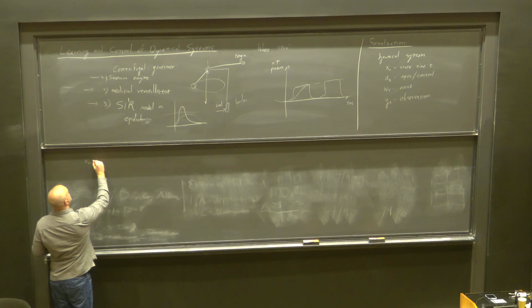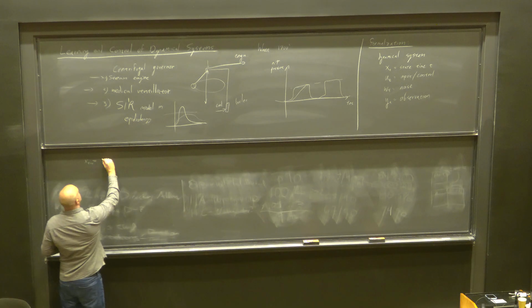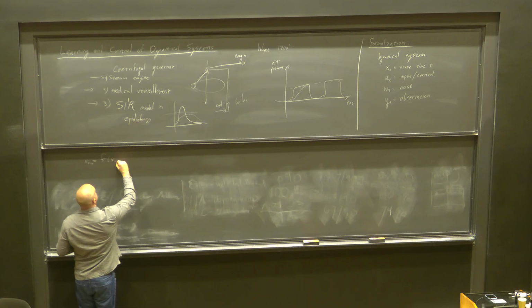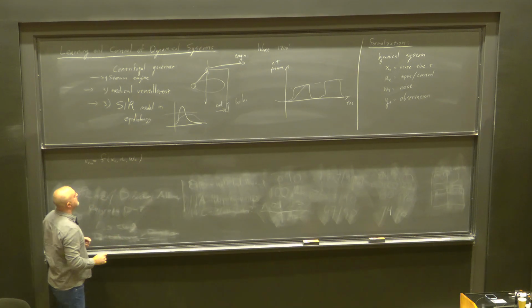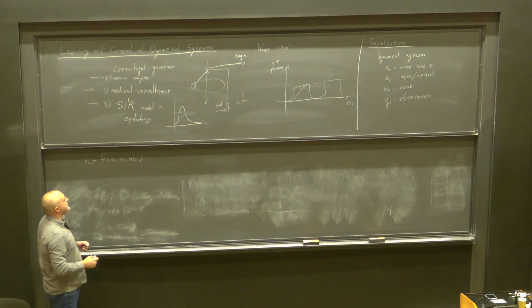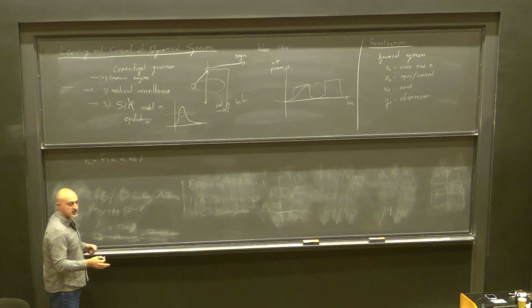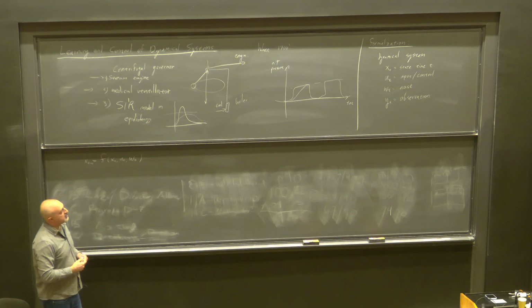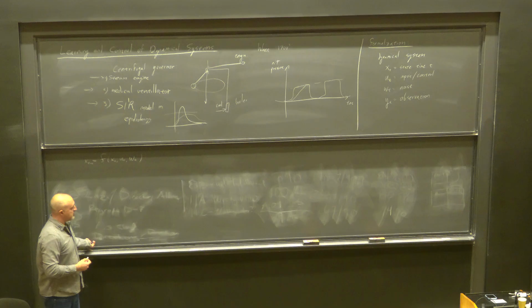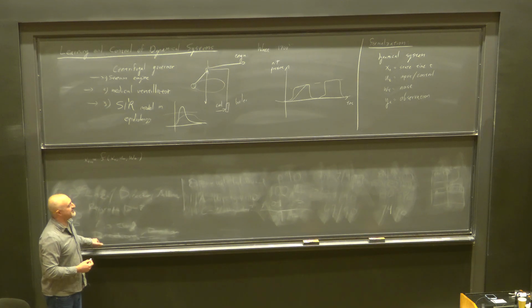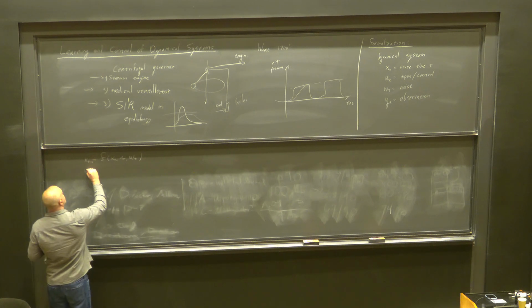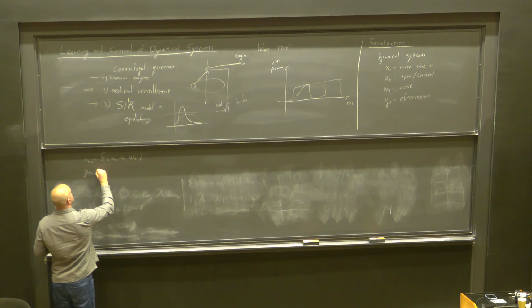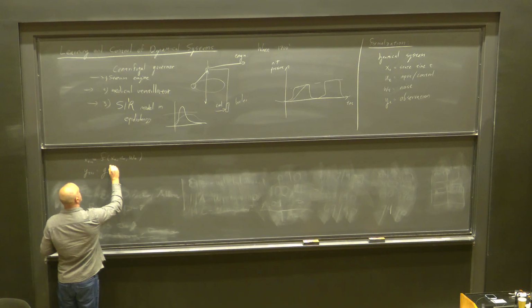I have xt plus 1. The state changes according to some dynamics function that is applied to the state, input and noise at time t. And then my observation at time t plus 1 is some function applied to the state.